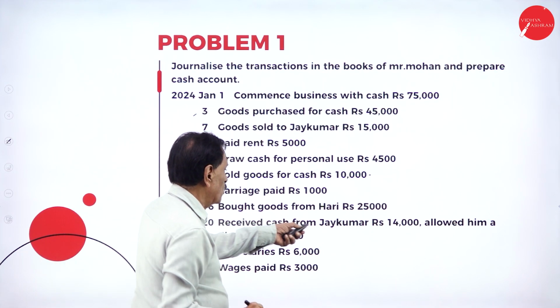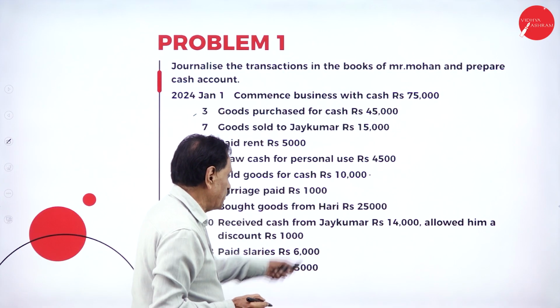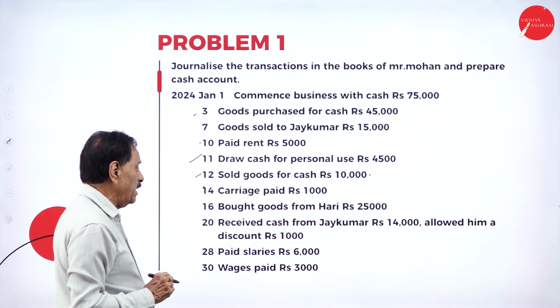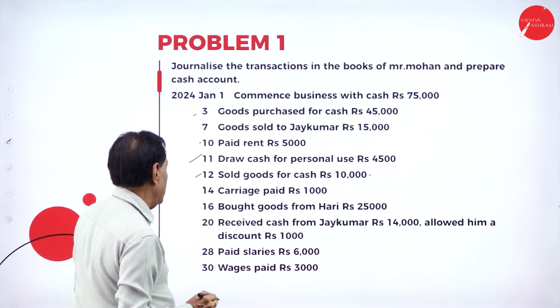Then, bought goods from Hari. We have purchased goods from Hari, 25,000. So what is coming in? Goods are coming in. Purchased from whom? Hari.